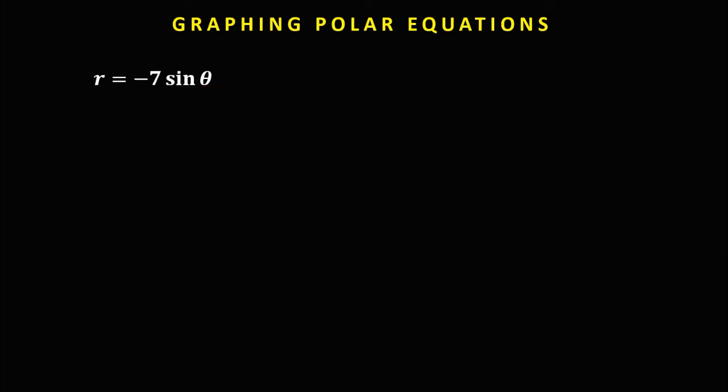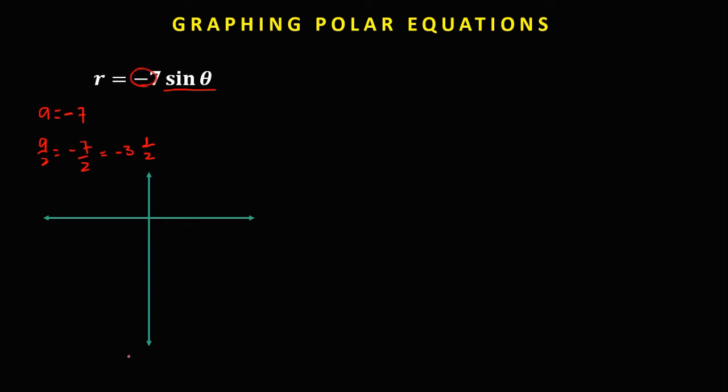Then for this given, r equals negative 7 sine theta. So a is equal to negative 7 and a over 2, that's negative 7 over 2, or that's negative 3 and 1/2. So to graph now this polar equation, since sine theta is negative, it's on the negative y-axis.